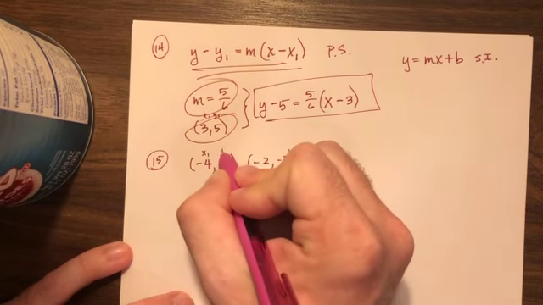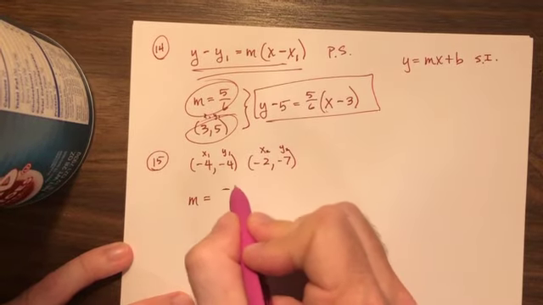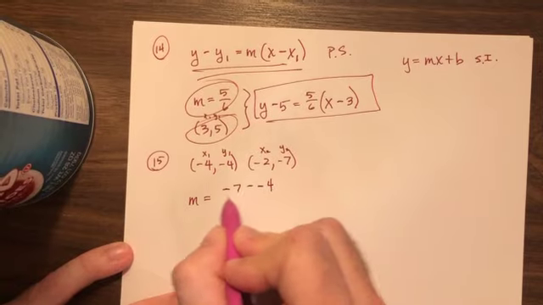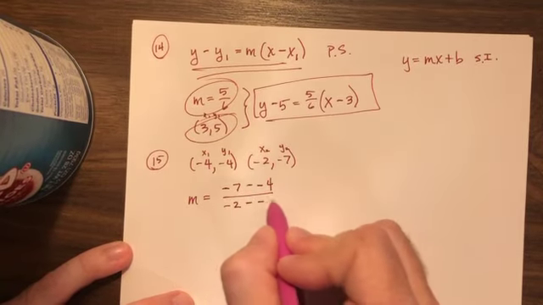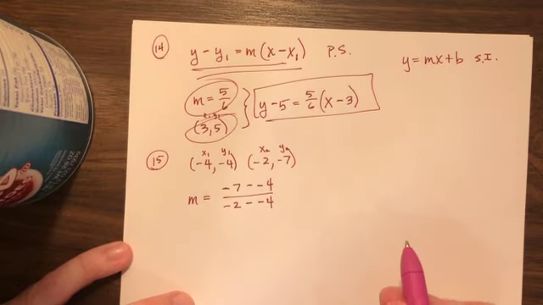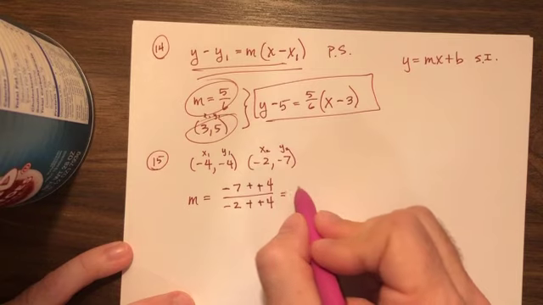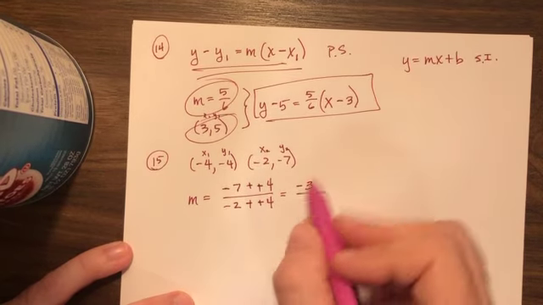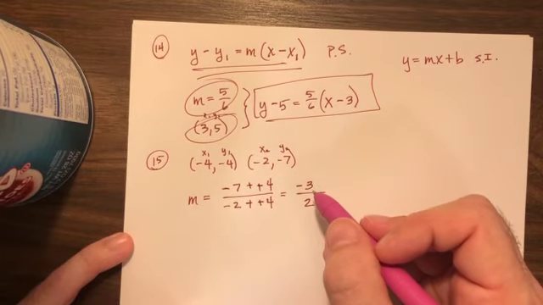So let's label x1, y1, x2, y2. -7 is y2, minus -4 is y1. -2 is x2, minus -4 is x1. Minus minuses become plus. Different signs means we subtract. Larger number keeps the sign. Different signs means we subtract. Larger number is positive. So we get -3/2 is the slope.